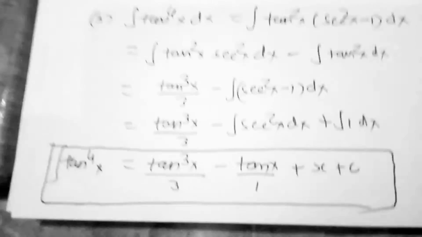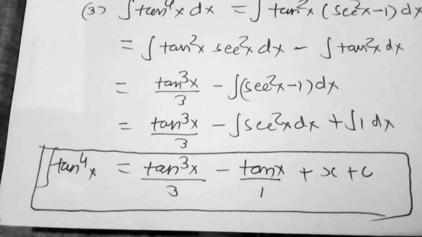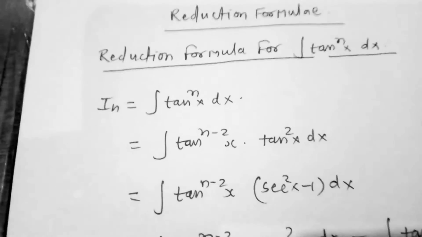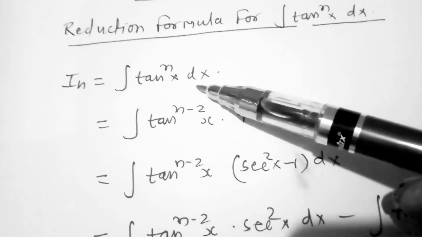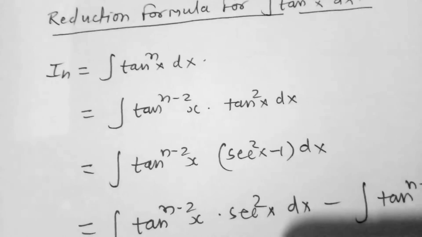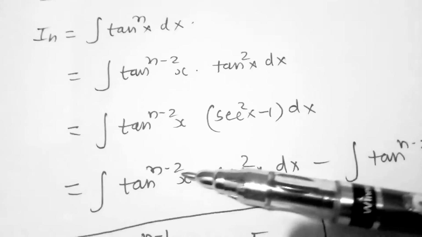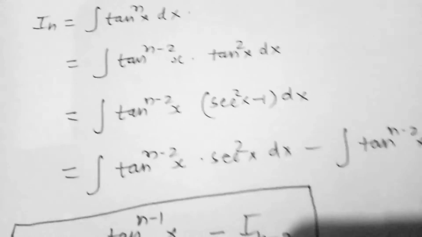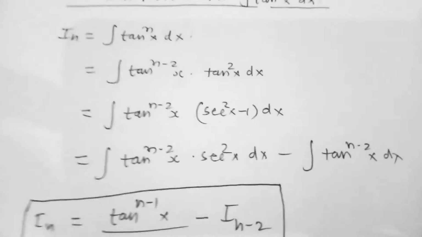Okay, so again we will see how this pattern we can develop. Okay, so come to the straightforward one, the integration of tan to the power n x dx, right? So here also we will split this tan to the power n x dx as tan to the power n minus 2 x into tan square x dx. This tan square x means sec square x minus 1 dx, right? So tan to the power n minus 2 x into sec square x dx minus tan to the power n minus 2 x dx, right?